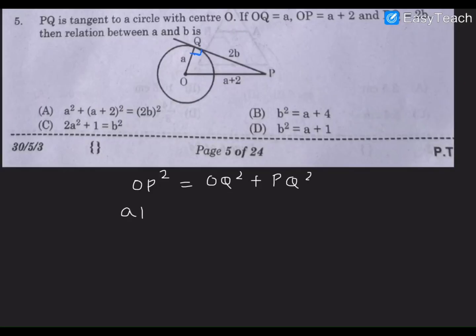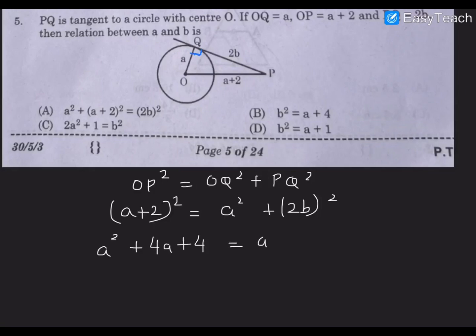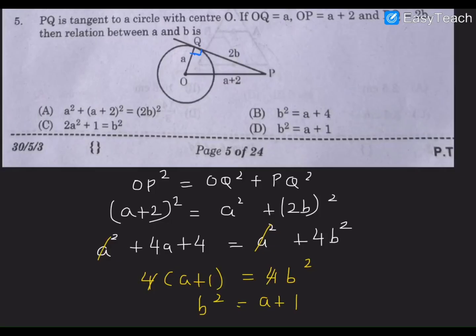So OP is A plus 2 whole square, OQ is A square plus 2B whole square, which gives you A square plus 4A plus 4 equal to A square plus 4B square. A square and A square will cancel out, taking 4 common, A plus 1 equal to 4 B square. So B square equal to A plus 1. So option D is the correct choice for this.